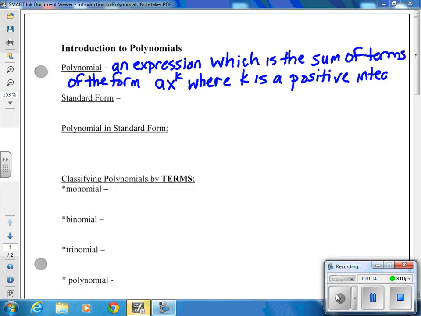So what all of this means in fancy math language is that the a is a coefficient, the x is the letter x, and the k has to be an exponent that's positive. And it's going to be a whole bunch of them added and subtracted together to string out and make one big old long expression. Right.